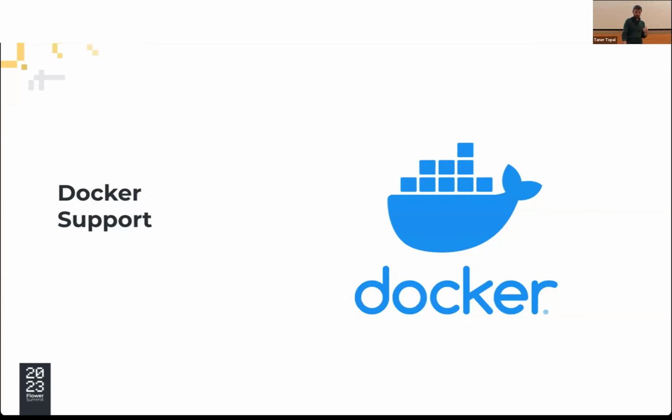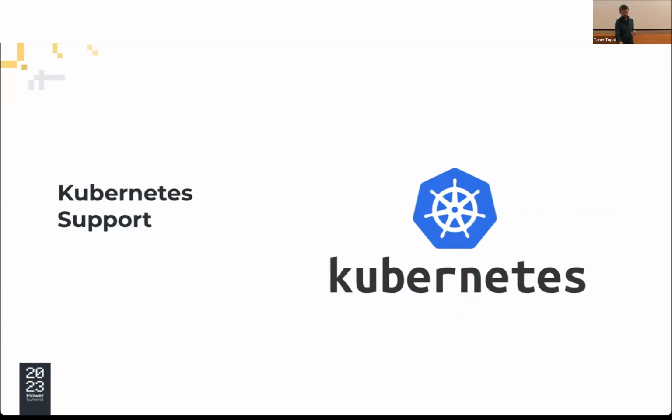Related to that, Docker is sort of the prerequisite for that, is Kubernetes support. We want to provide basically built-in recipes that users can use to deploy a Flower system on Kubernetes, whether that's in a cross-silo case or in a cross-device case, just a server environment with all the necessary tooling where the clients continue to run on edge devices.